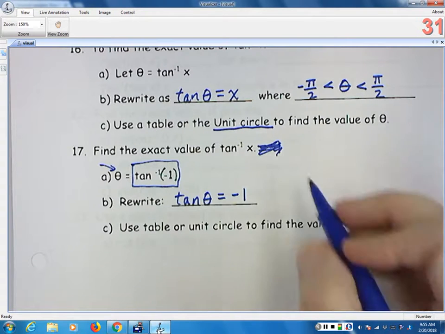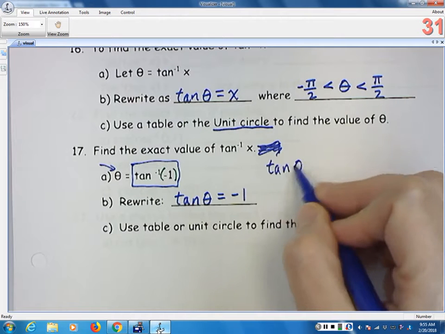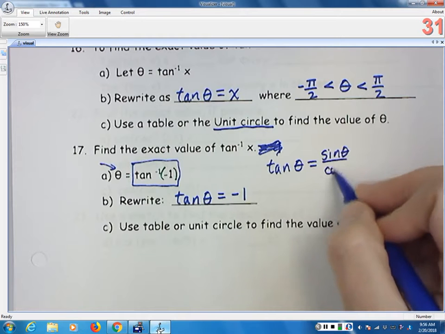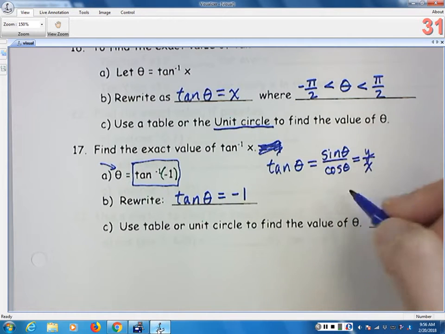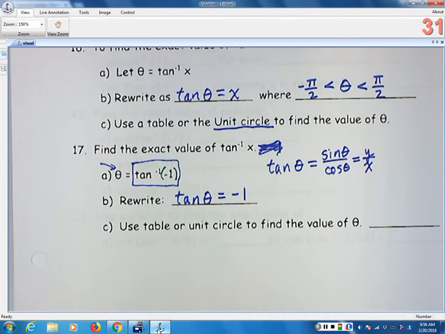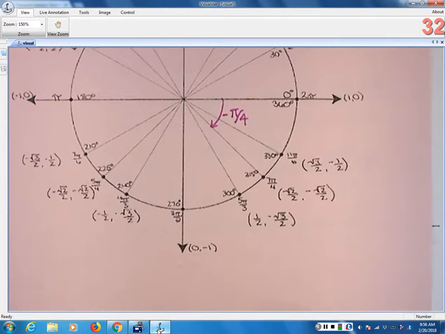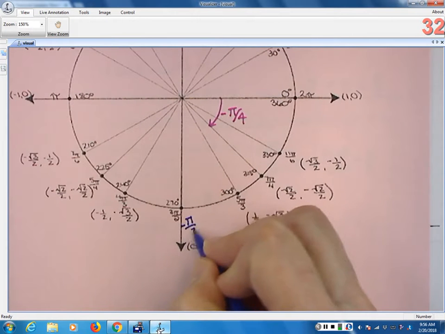Tangent on the unit circle, tangent theta, is sine theta over cosine theta. That's y over x. So where is y over x equal to -1? You remember, this is minus pi over 2 down here.